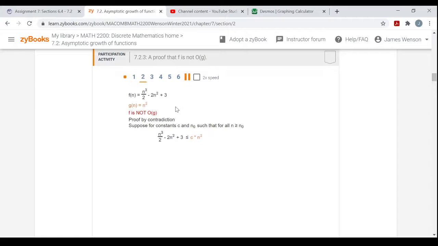You can get rid of the 3, because if I get rid of the 3, that makes this term smaller. So this expression in the middle here is greater than or equal to just n cubed over 2 minus 2n squared. And then they divide everything by n squared, because n squared is a positive number that wouldn't change the inequality. They multiply by 1 over n squared, and then solve this for n.